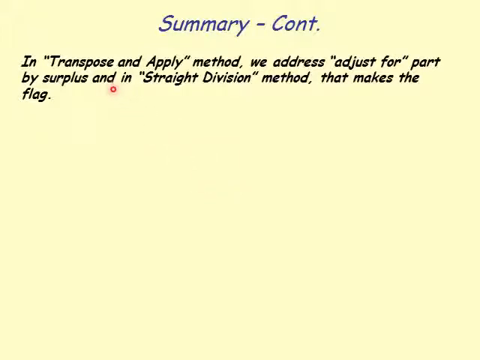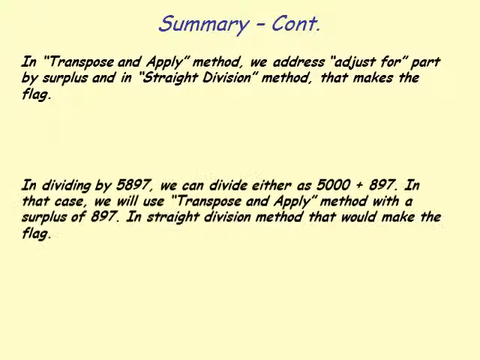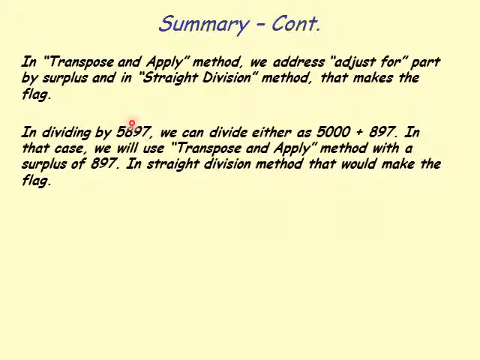Okay, when we use the transpose and apply method, we adjust for the part by the surplus, and in the straight division that makes the flag. In dividing by 5897, we can divide either as 5000 plus 897. In that case, we will use the transpose and apply method with the surplus of 897.